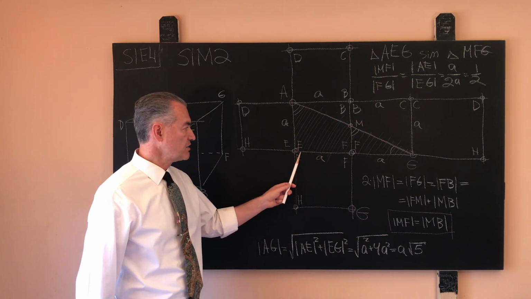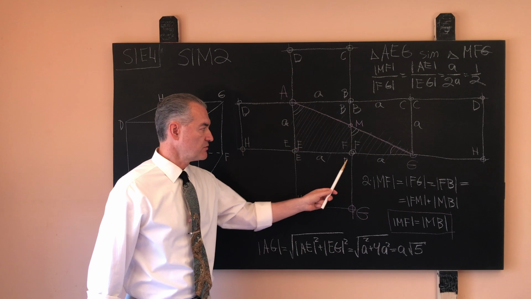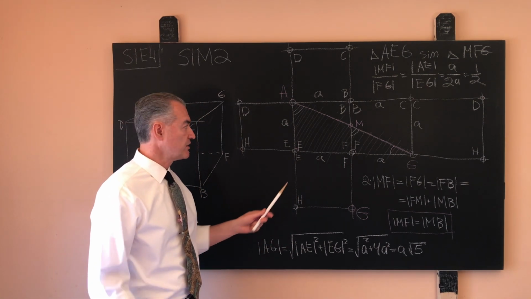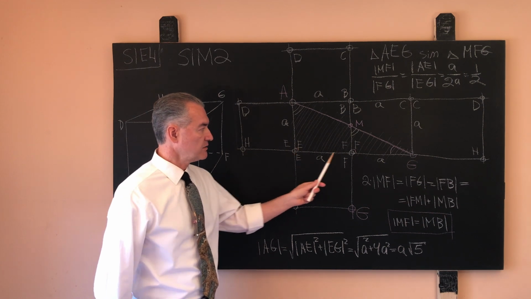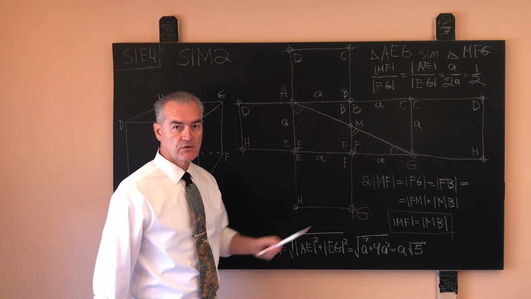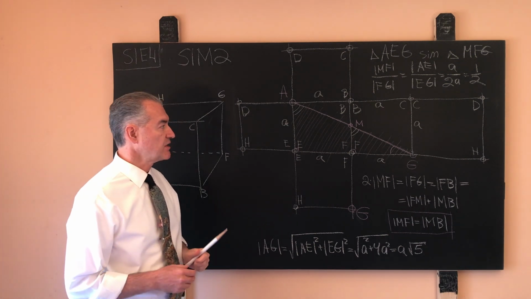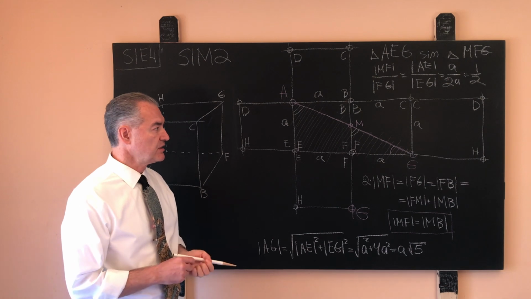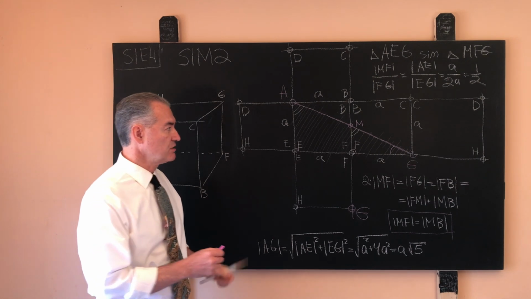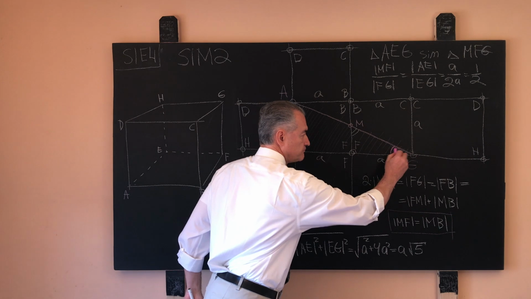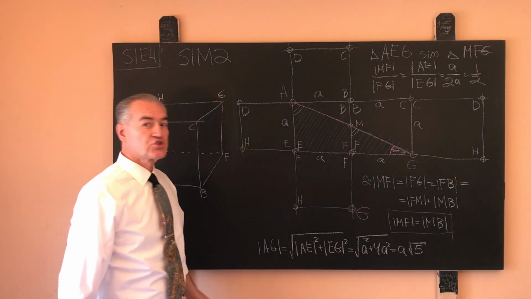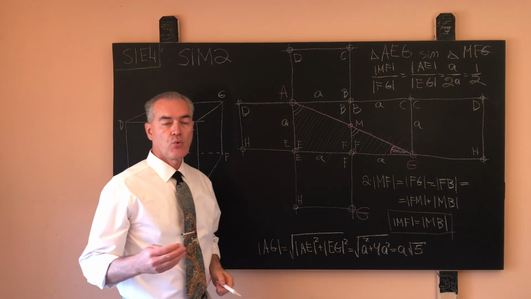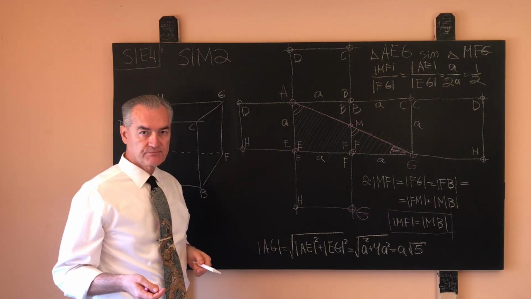And in a square, the adjacent sides meet each other at right angles. Consequently, the magnitude of the interior angles at E and at F are right. What else can be said about these triangles? Well, in this case, the interior angle at G, this one, is shared by both of the triangles, and consequently it is one and the same for both triangles.